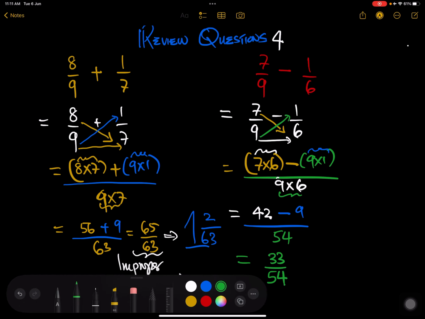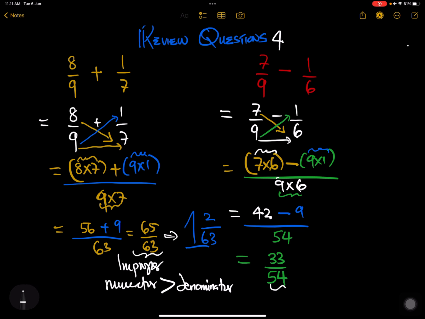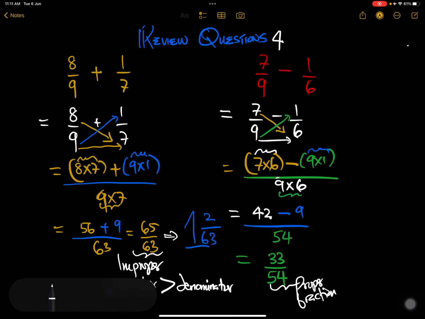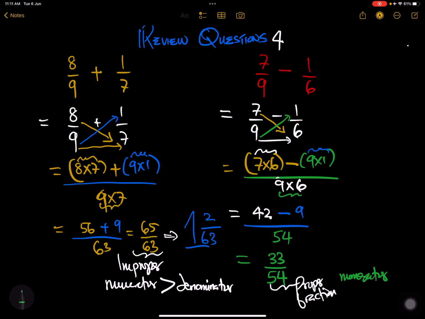Now, who can tell us what this type of fraction is? I think this type of fraction is a proper fraction, because if we look at it, the numerator is less than the denominator.